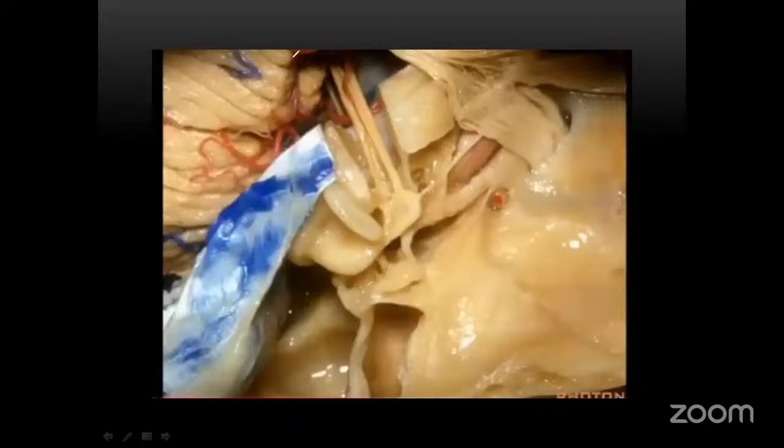This is the cerebellum. So what will be our target? Where should we retract our cerebellum? Yes, please. Are you people getting it? No?